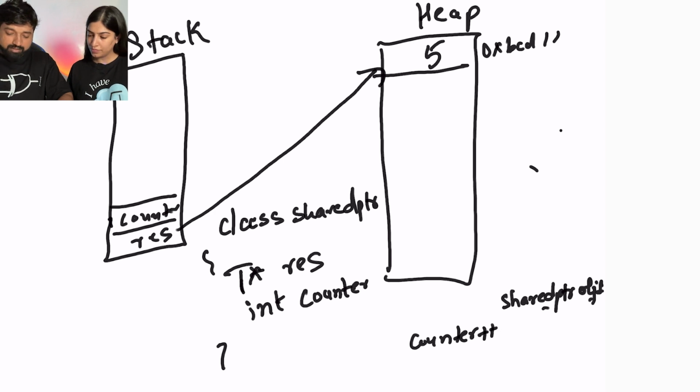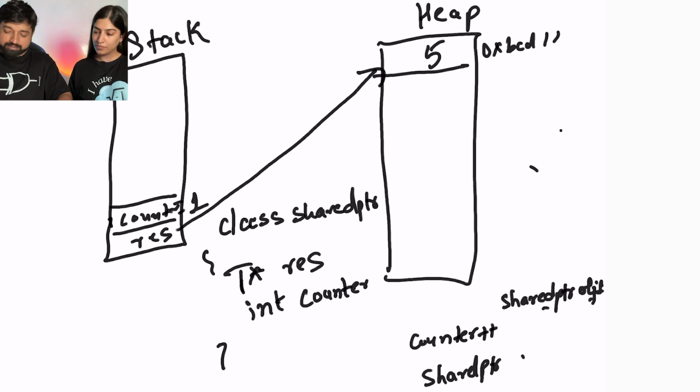Now this counter's value has become 1. Now suppose we make a new shared_ptr object 2, and want to point it to the same resource. So we'll make object 2 equal to object 1.